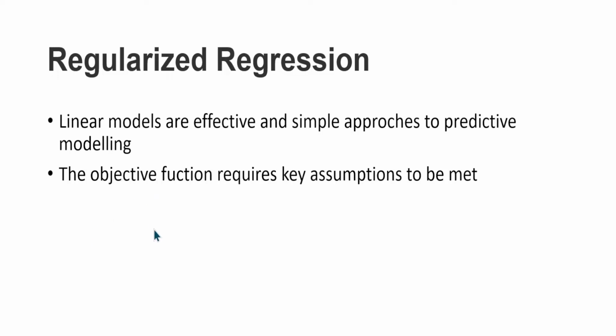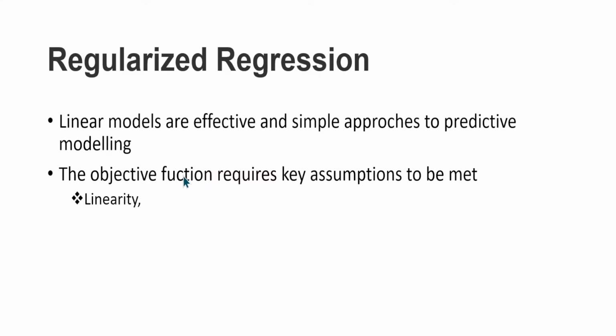However, the objective function that we have seen, the sum of square error, requires key assumptions. These assumptions need to be met for your ordinary least square regression model to work. Otherwise, it will lead to erroneous predictions.